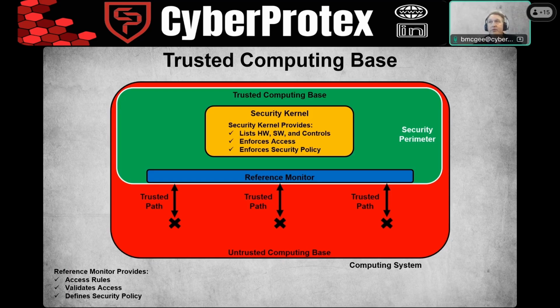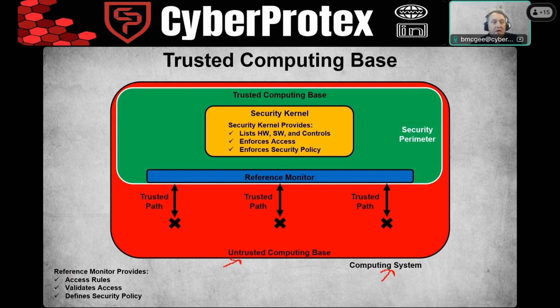So what are you responsible for inside of your boundary? Everything you see here is what in the TCB, the Trusted Computing Base, is called the computing system. Anything in the red here is called the untrusted computing base. Anything in the green is a security perimeter.